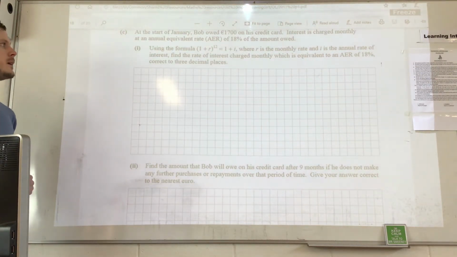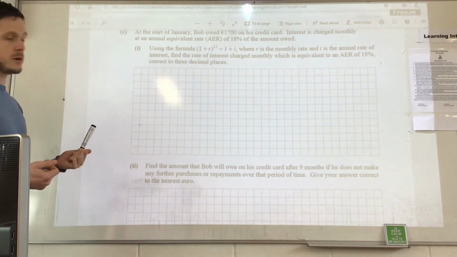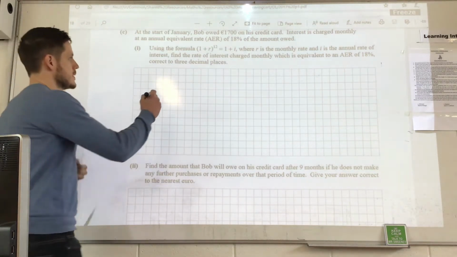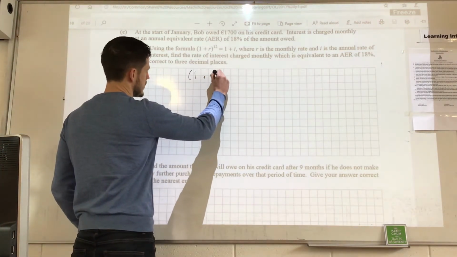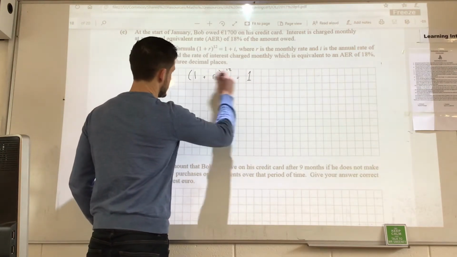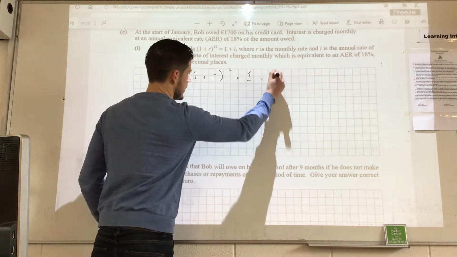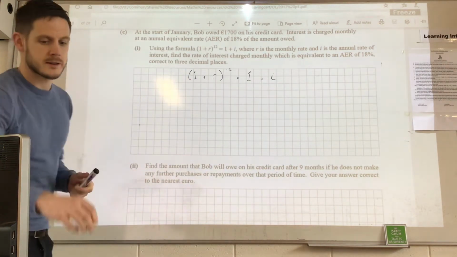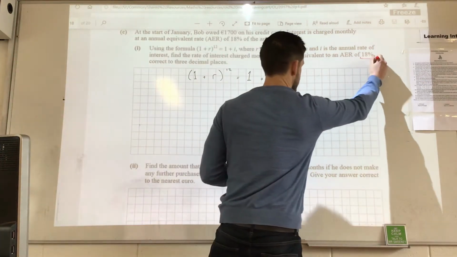So what we've got to do first of all is fill out what we know. So I know what i is. I'm going to write down (1 plus r) to the power of 12 is equal to 1 plus i. But we're told in the question what i is. i is 18%.